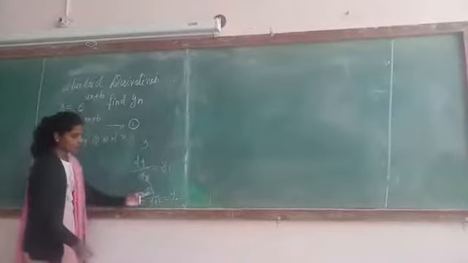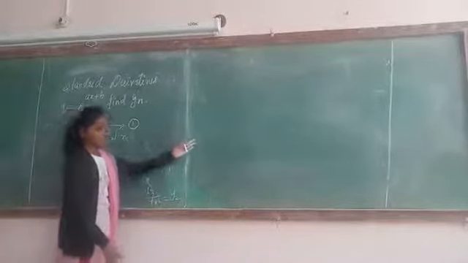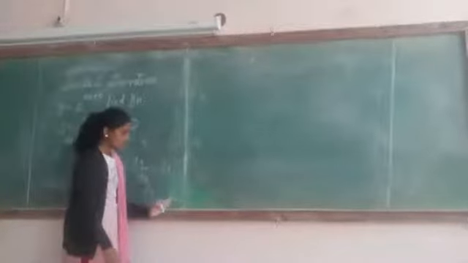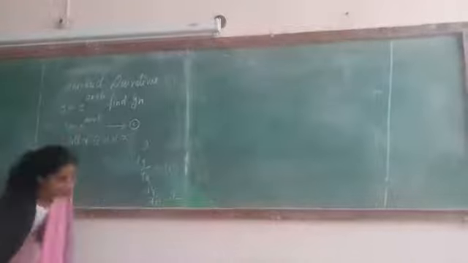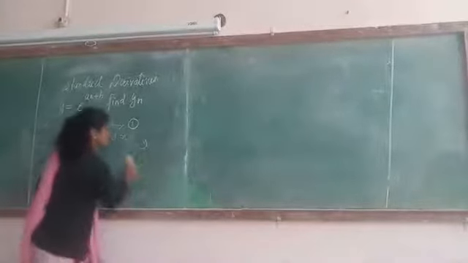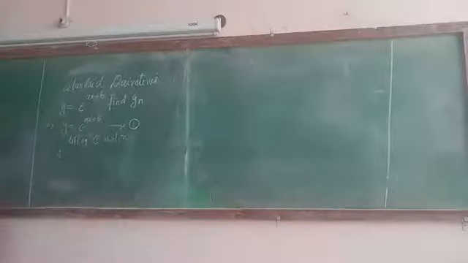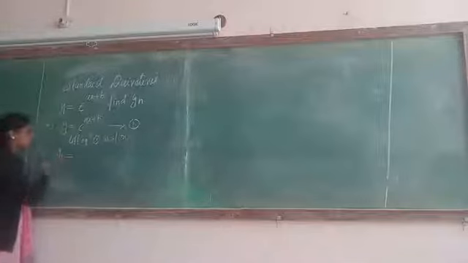The third derivative is d cube y by dx cube, or we can write derivative of y2 is y3. So like this we have to find. Derivative of y we can write as y1.